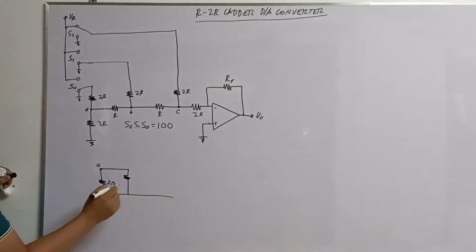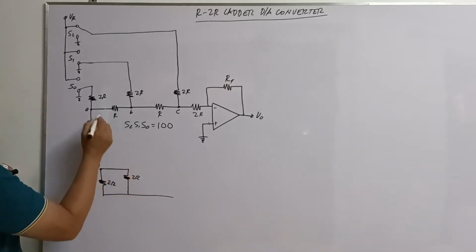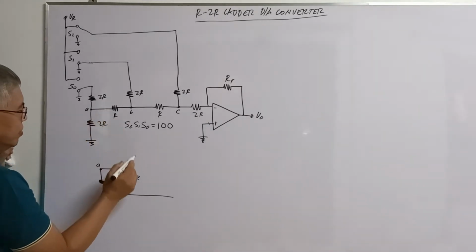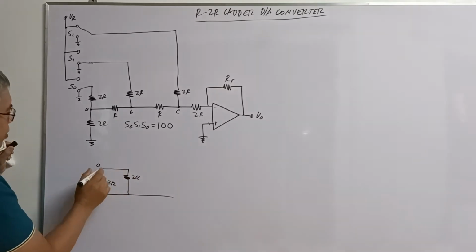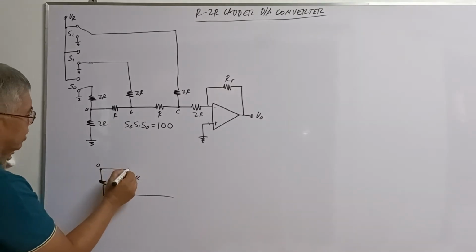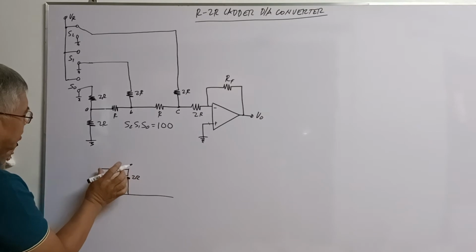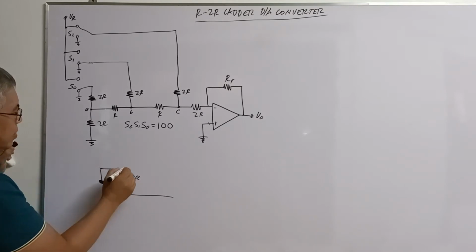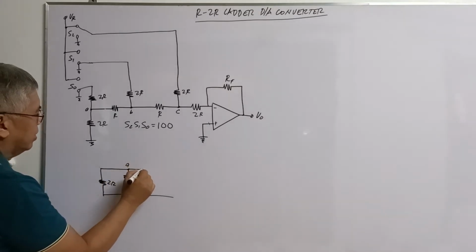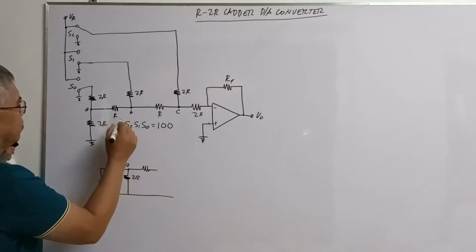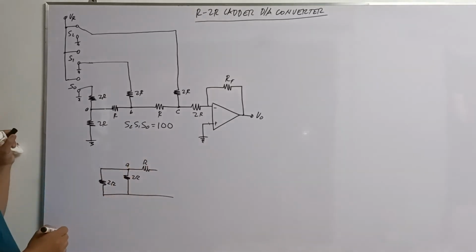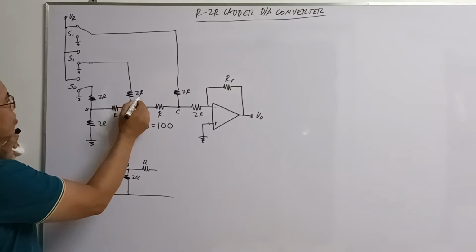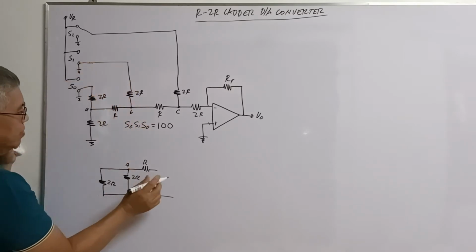So this one here is 2R. Then, at point A, there is a resistor connected. Let's say we transfer point A here. Another resistor is connected, we name it R. And then another resistor, 2R, which is connected to the ground.